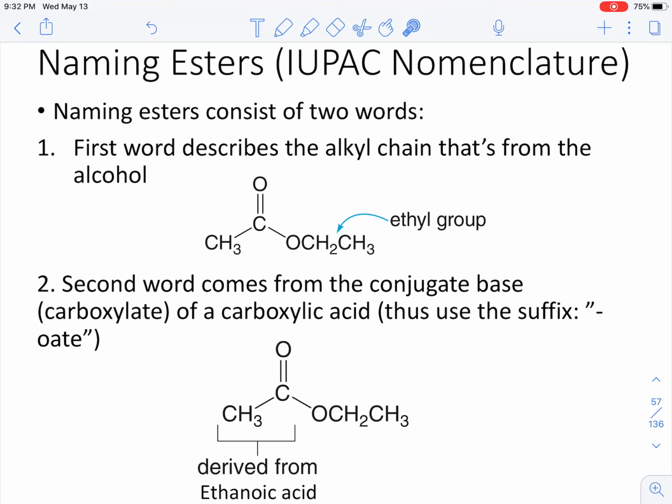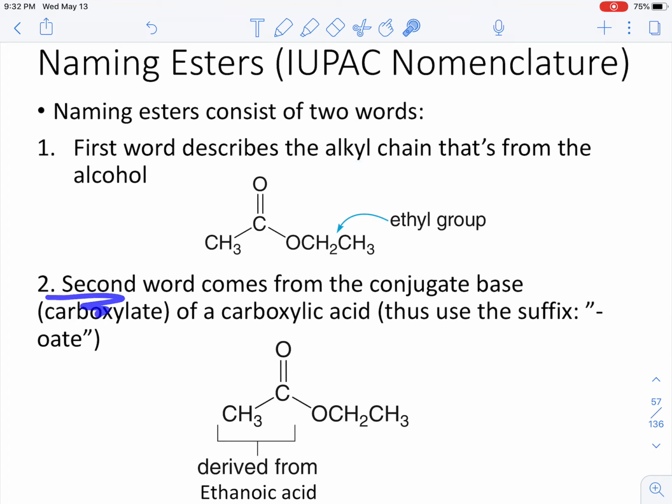And so when naming esters, we're going to break apart the ester such that the first part of the naming of the ester describes the alkyl chain that's coming from the alcohol group.